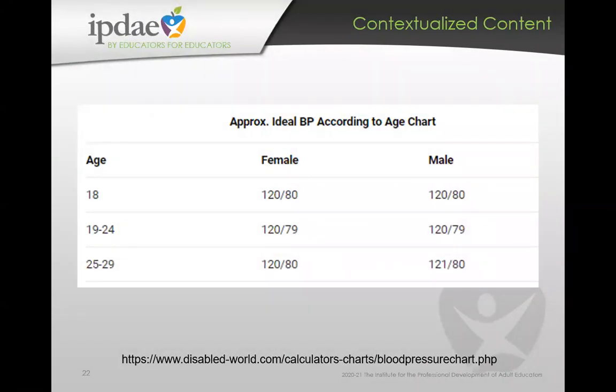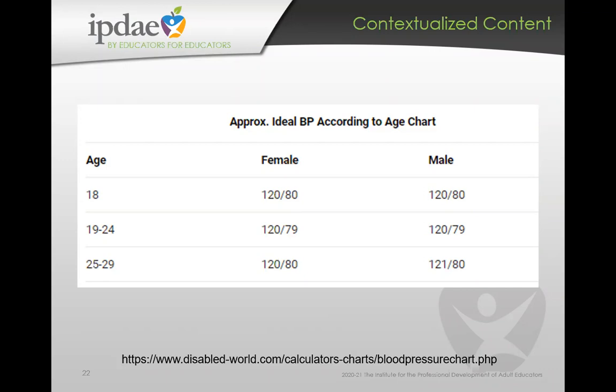Another thing here is I can take the table and teach them how to read tables, charts, and ratios along the way, which is contextualized content in math, and which talks about approximate ideal blood pressure according to age. This will help the student determine later, okay, your blood pressure is too high or too low for your age.